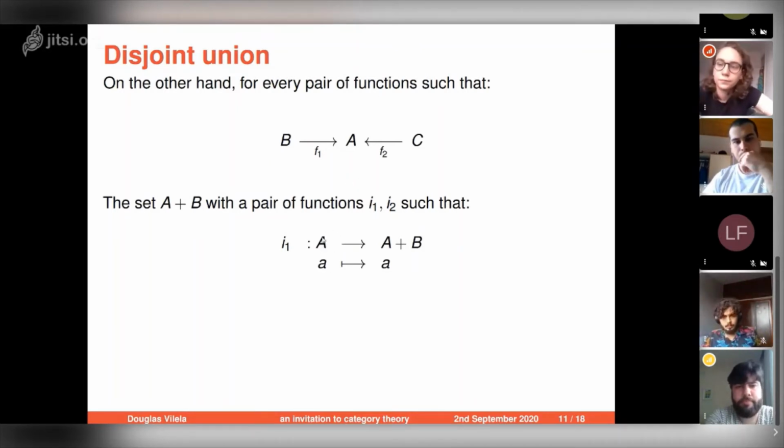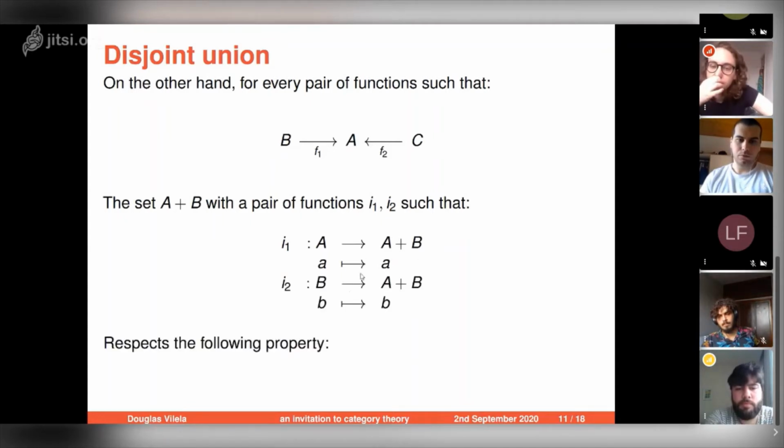It should be taking an element B to the disjoint union of B plus C, and takes an element B and just drops it in this disjoint union. It's really just putting it in, another injection. So we can think that the error is here. The A should be like here and the C should be like here.